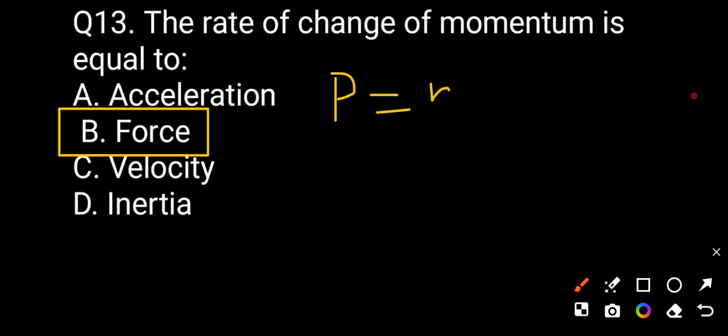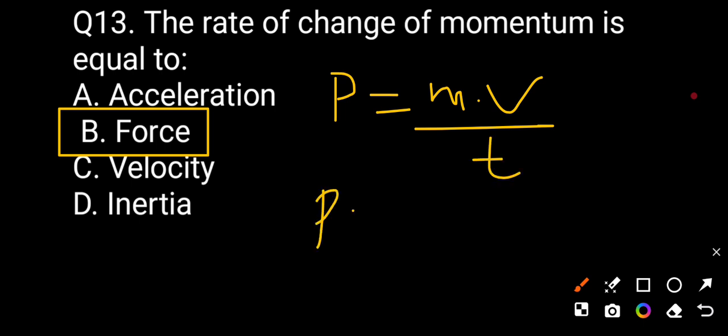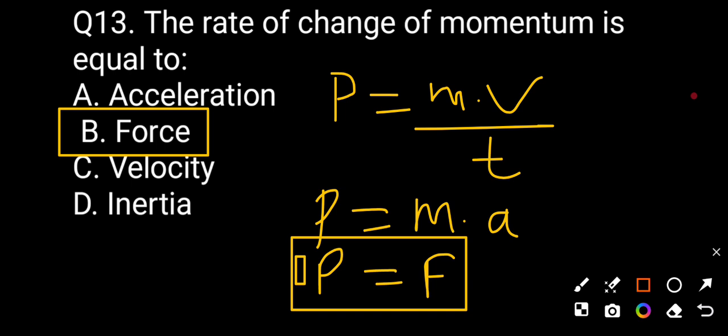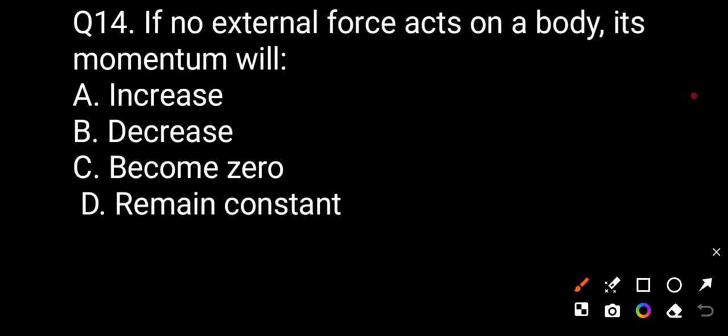P is equal to m into v upon t. P is equal to m into a. P is equal to F. So we can say the rate of change of momentum is equal to force.